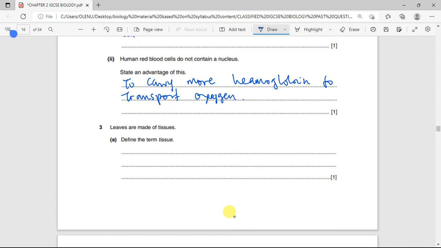That's all. They say leaves are made from tissue. Define the tissue. Tissues are a group of cells that carry out similar function.